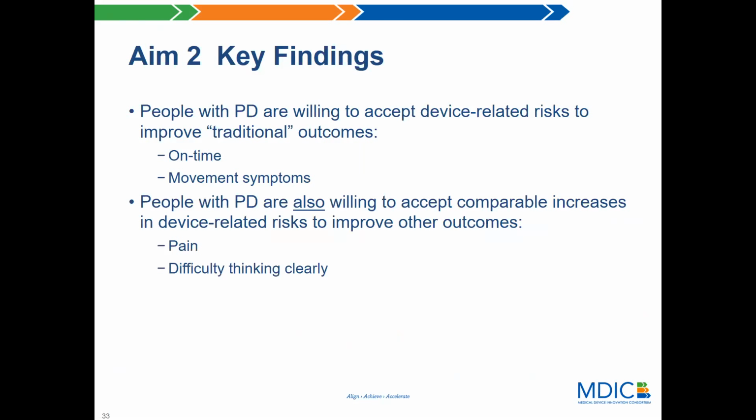But we also see that pain and cognition are two very important endpoints for patients, and the risk tolerance that they have in order to achieve benefits in these areas is pretty high.